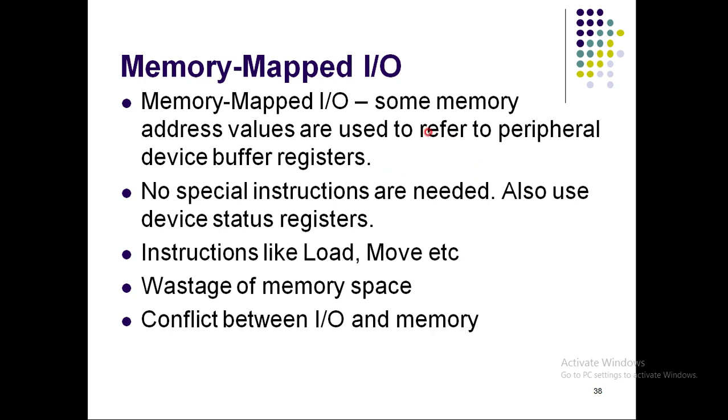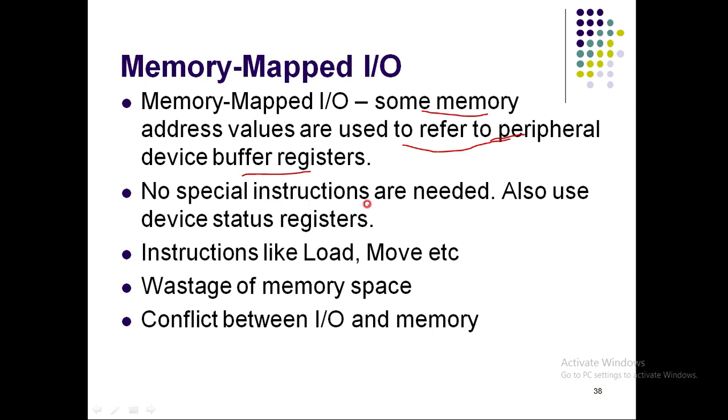In memory mapped IO, some memory address values are used to refer to peripheral device buffer registers. So if I want to refer to any buffer register, I will use some memory address values. That's why the memory has been divided between the processor and the IO.